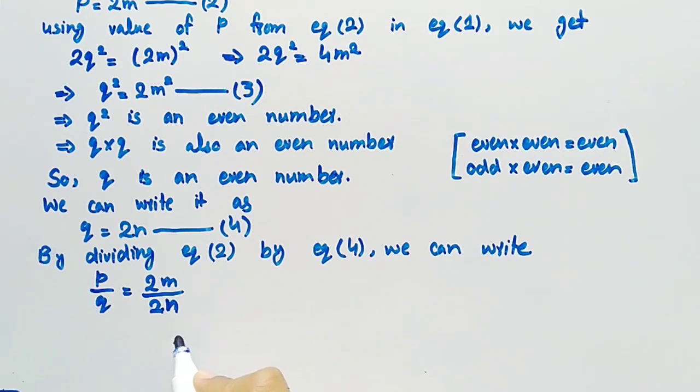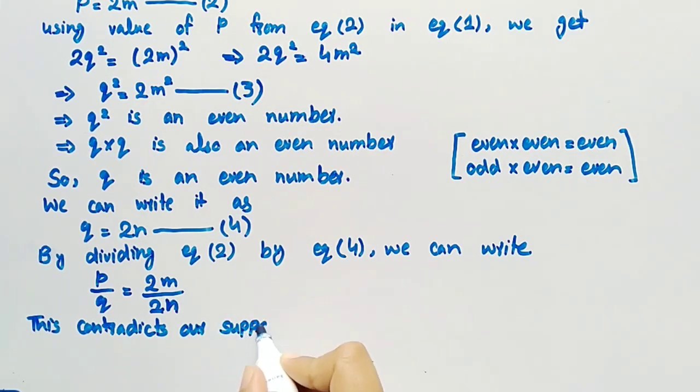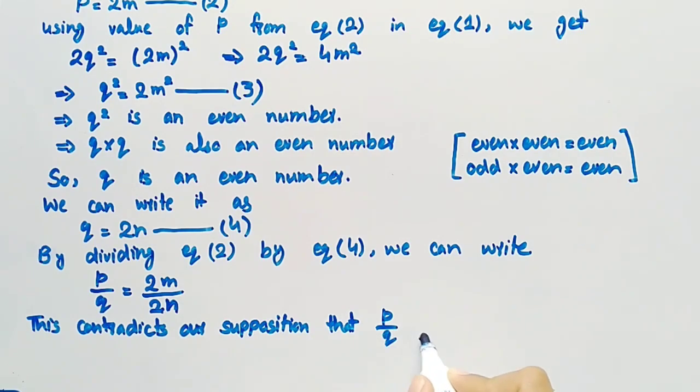Here we can cancel 2, but in the beginning we supposed that P by Q is in its lowest form and cannot be further simplified. So this contradicts our supposition that P by Q is in its lowest form.